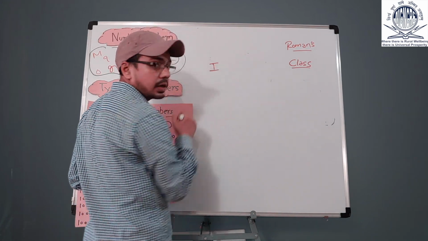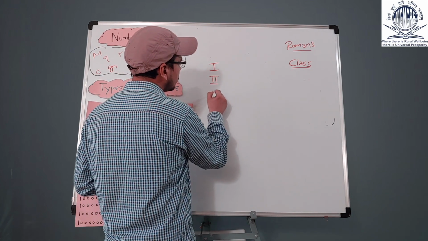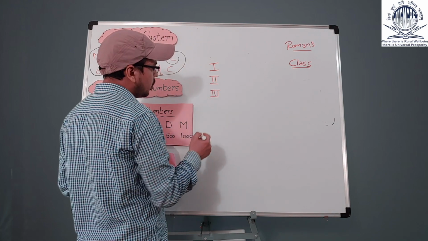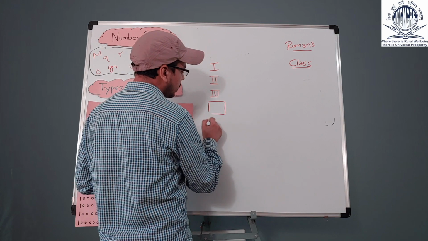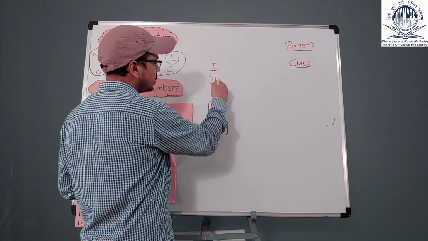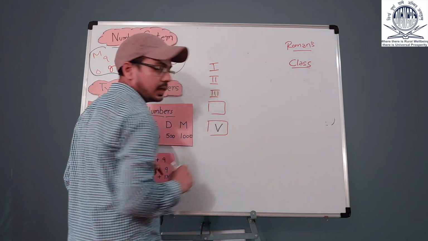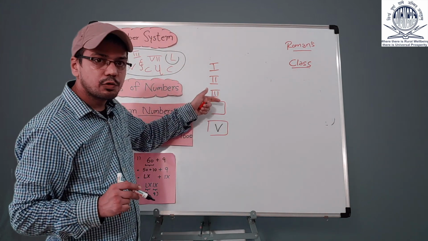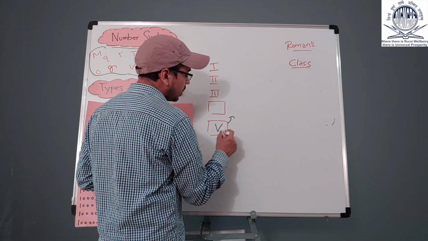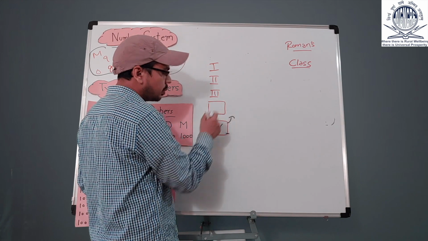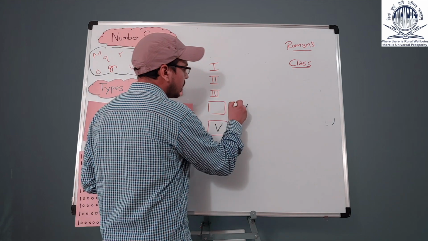This 1 bar gives 1, this gives 2, 3 bars give me 3. Now the 5th bar, if I just leave the space of 4, the 5th number basically, 1, 2, 3, 4, 5, is represented by the number, let's say, V. And when I want to go back to 4, the rule says that this is one of my numbers through which I'll take the previous number, and it will be like V and 1 getting subtracted.